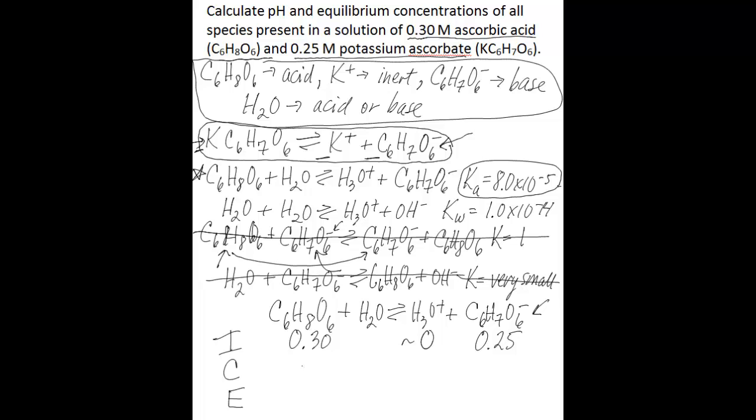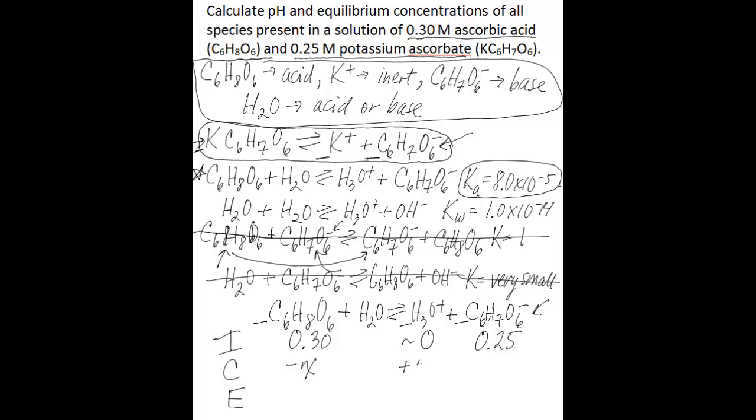So now we're going to define X as the concentration that's lost of ascorbic acid when it starts to transfer protons to water. And specifically, X is the concentration that's lost to reach equilibrium. So for every mole of ascorbic acid that is lost due to proton transfer, 1 mole of hydronium ion and 1 mole of ascorbate anion are gained.